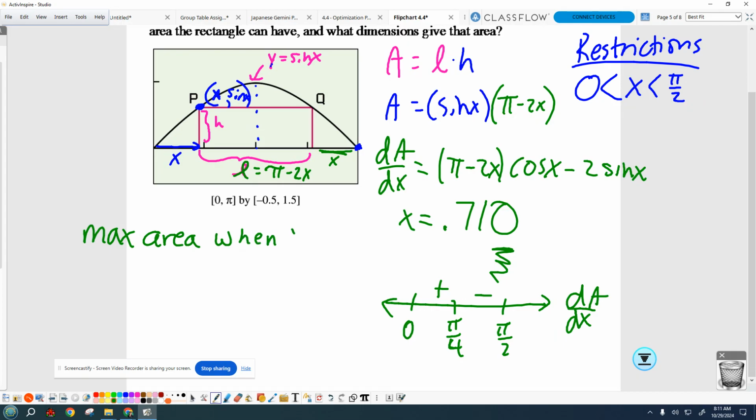So it's a maximum area when x equals pi over 4. Julia, why? What's my reasoning here? Because it's first positive, then negative, from 0 to.